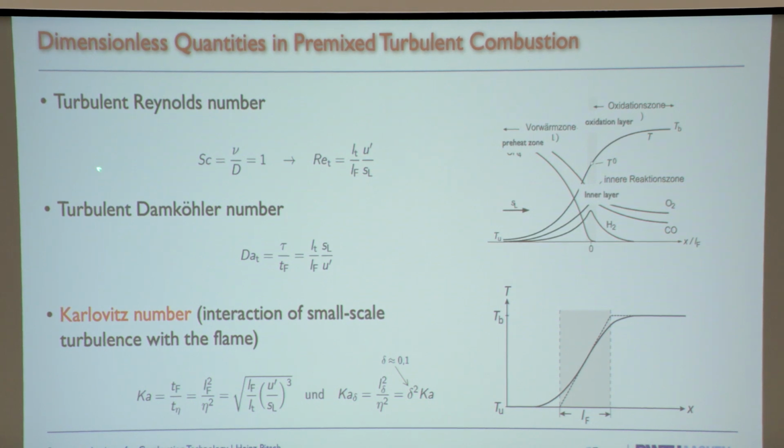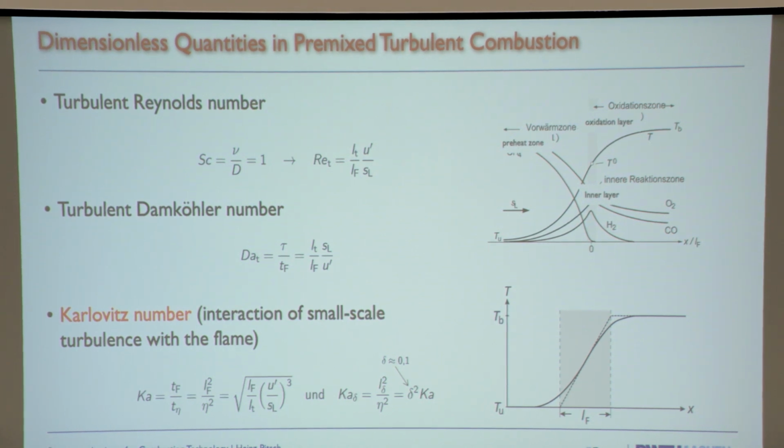We want to do this also for the other quantities. Here we have a Damköhler number. The Damköhler number is the turbulent time scale divided by the flame time scale, or chemical time scale. The turbulent time scale is LT divided by U prime. The flame time scale is LF divided by SL. And then also here, I have these ratios of length scale and time scale of flame and turbulence.